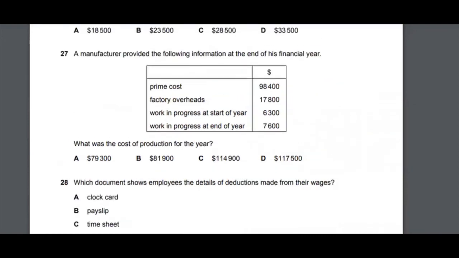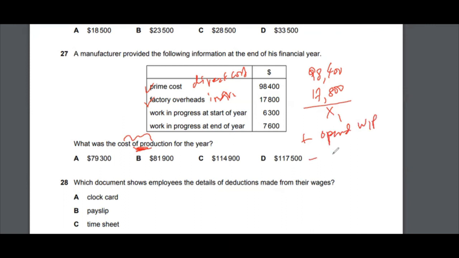Let's look at multiple choice 27. So 27 is asking you what is the cost of production. So you take this, you add 98,400, you are given prime cost, which is direct cost, and then this is indirect cost. So you take both of these costs, you add them together, and that's X1. Add opening WIP and minus closing WIP.